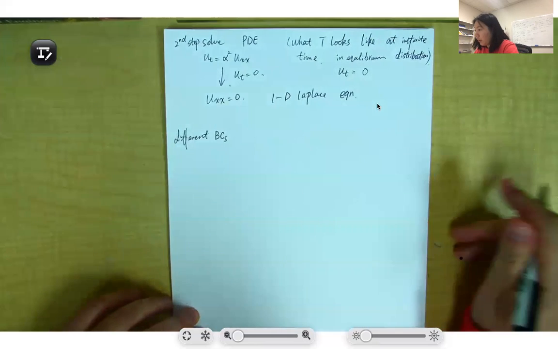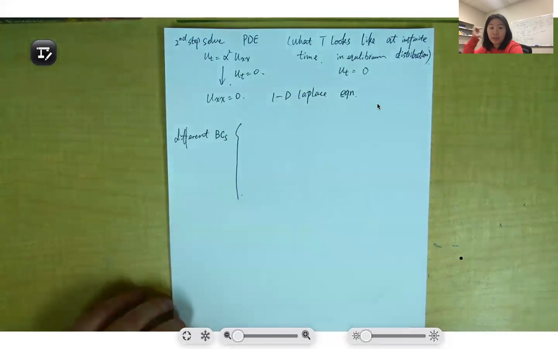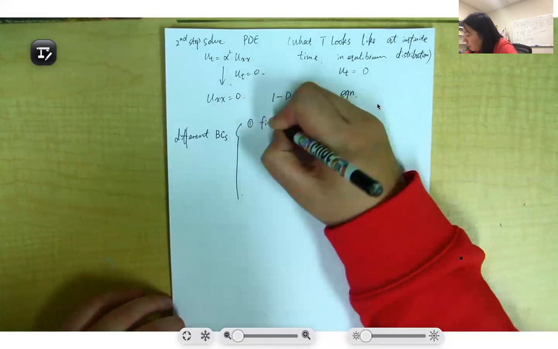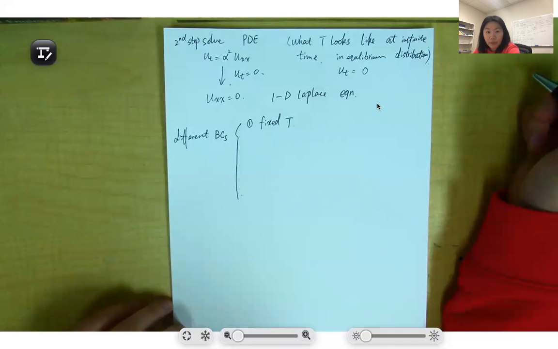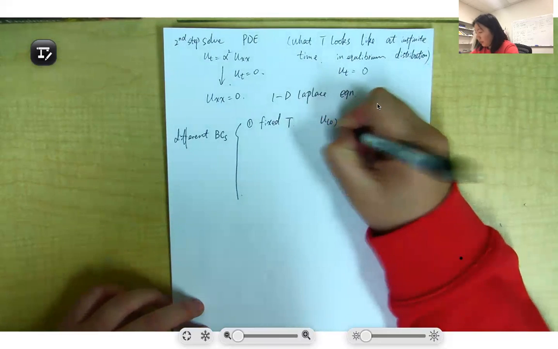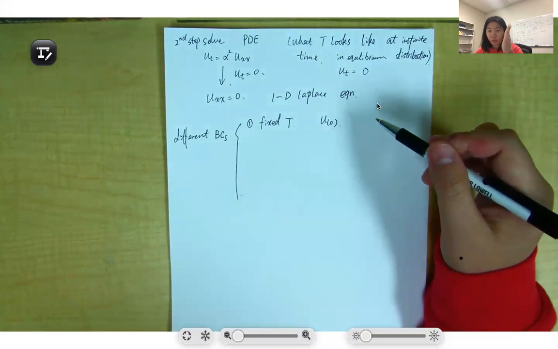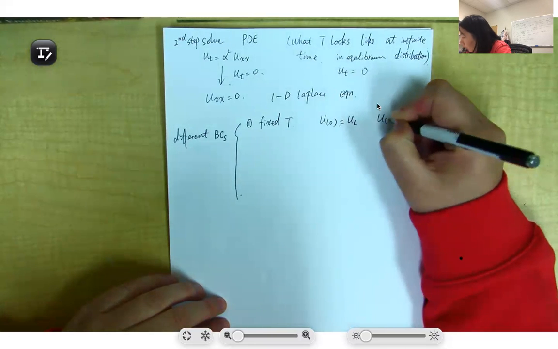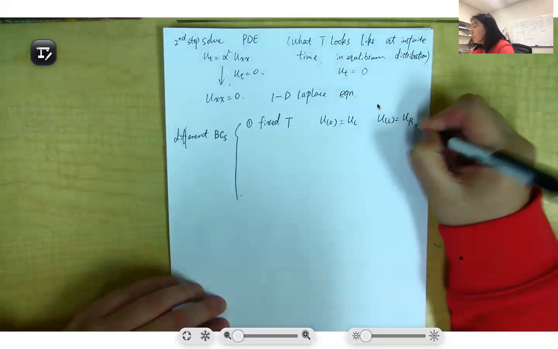And what kind of boundary conditions did we see before? One common boundary condition is fixed temperature. And how do I give this fixed temperature? Since it's not a function of time now, we say U at 0, the temperature at the initial point of the rod, is equal to UL, and U at L, the end of the rod, is equal to UR.